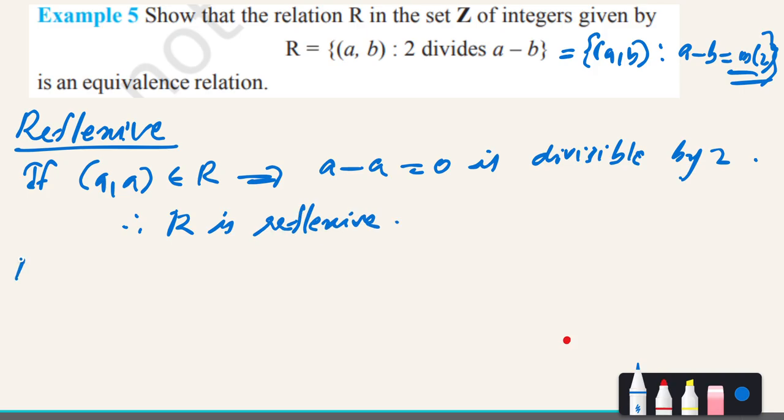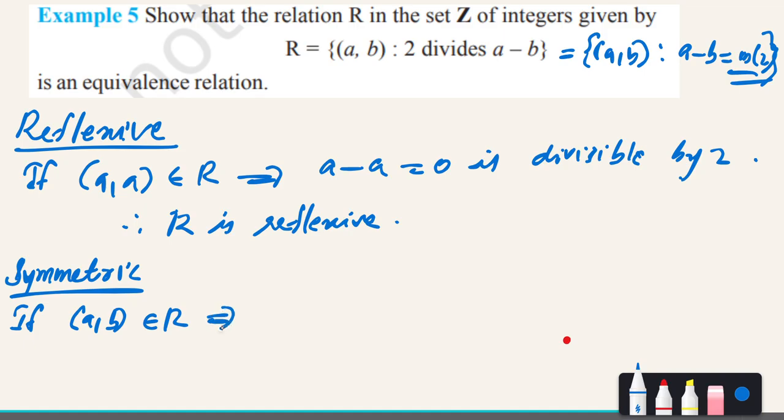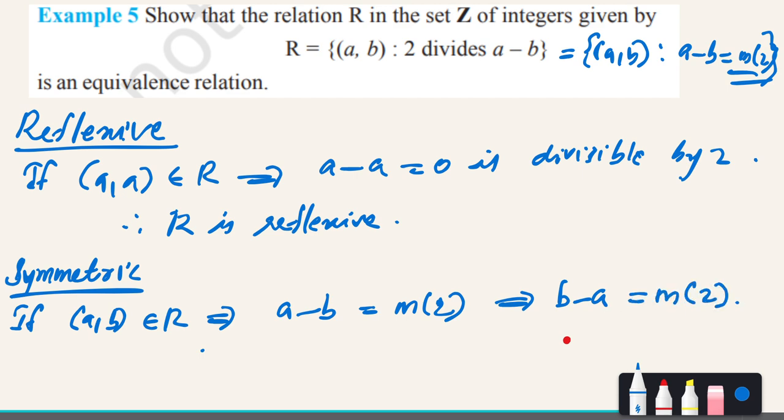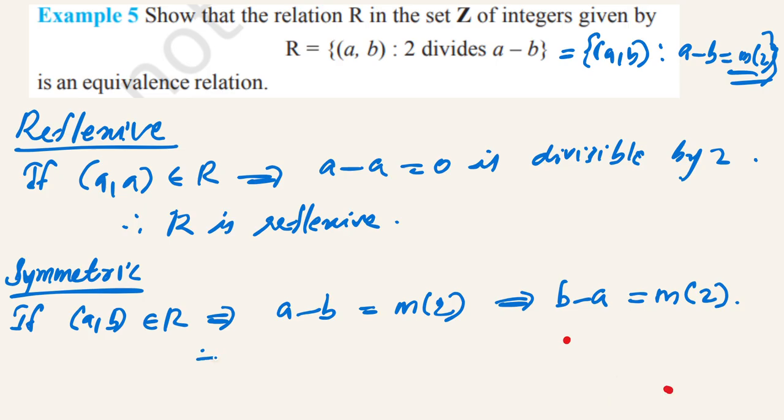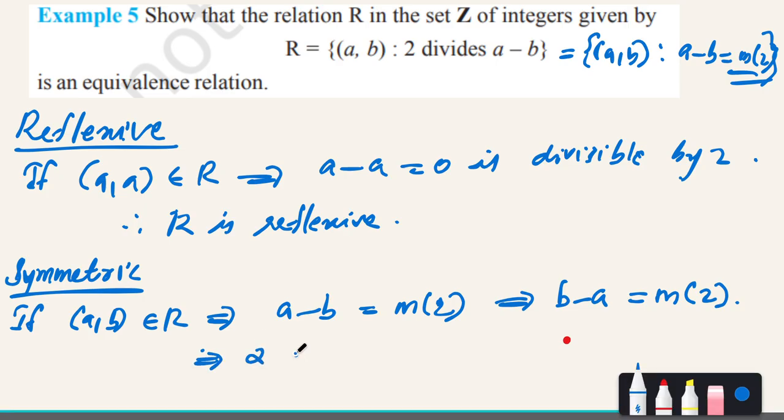Now we have to check symmetric. So for symmetric, we have to check if A comma B belongs to R. If A comma B belongs to R, it means A minus B is a multiple of 2. If A minus B is a multiple of 2, obviously you can write B minus A also will be a multiple of 2. Right? Yes. Therefore, which implies 2 divides B minus A also.